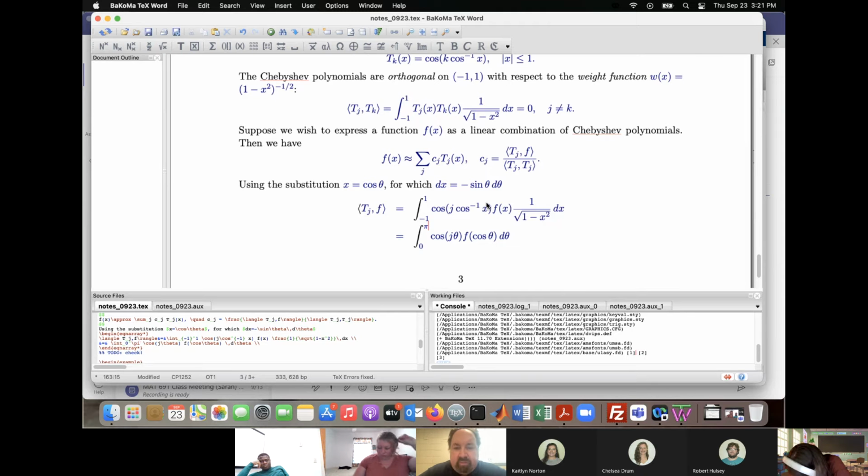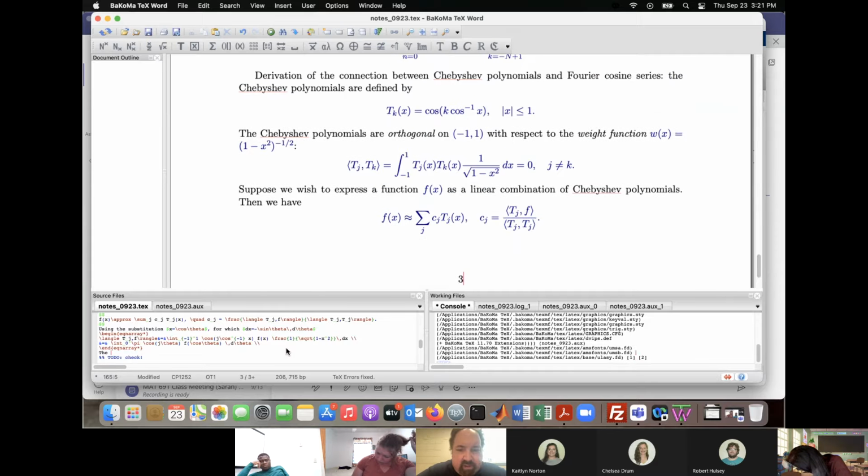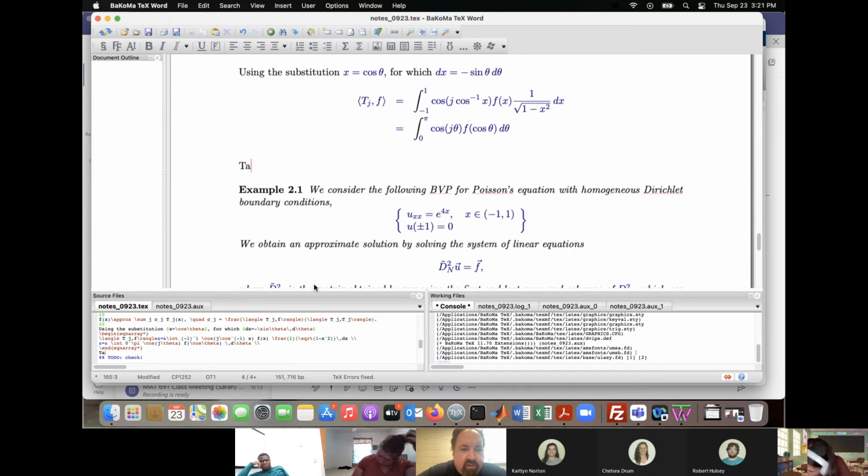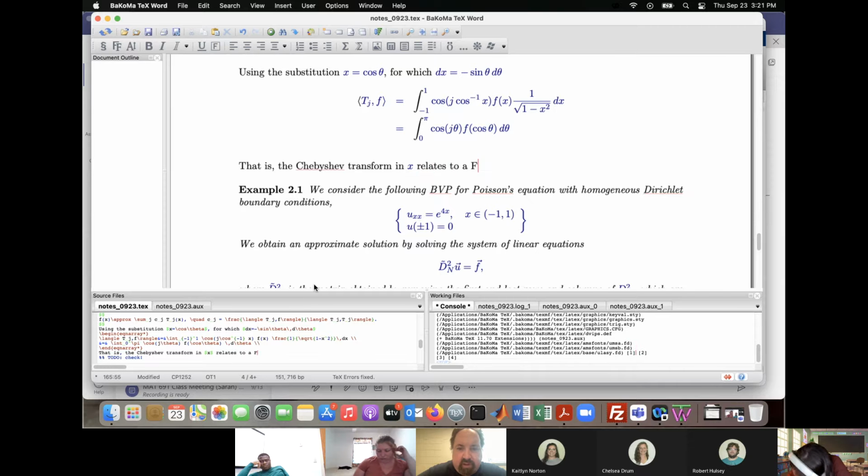All right. So what we have here is a cosine transform of f of cosine theta, because I'm taking the inner products with cosine. So a Chebyshev transform in x relates to a cosine transform in theta.